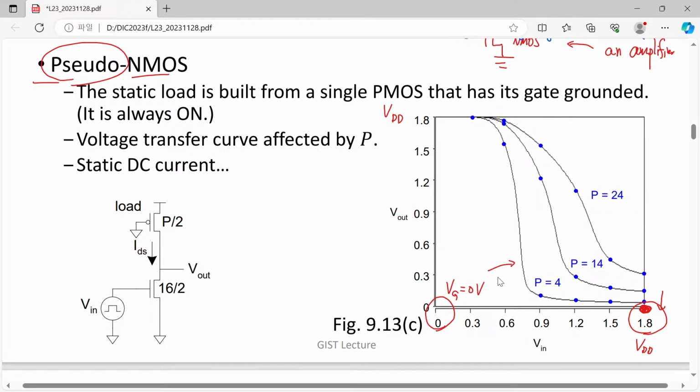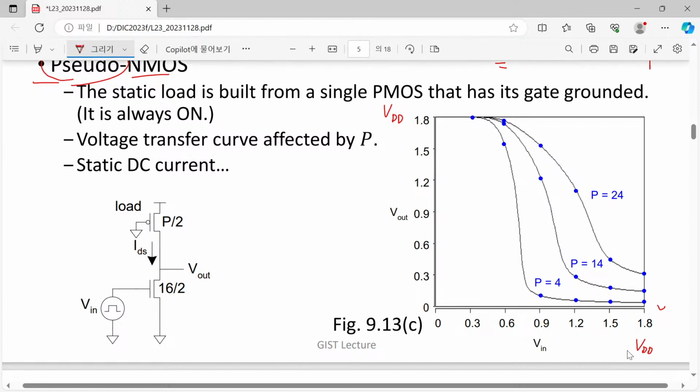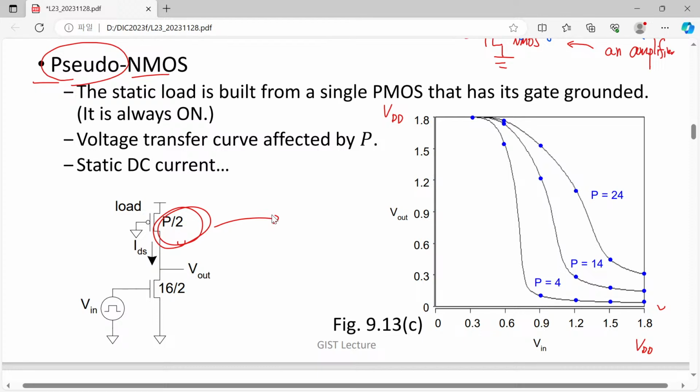Therefore, it is certain that we have to have a relatively weak PMOSFET. If we introduce too powerful a PMOSFET, it deviates from the conventional inverter voltage transfer curve. So we have to have a lower strength PMOSFET, and that is also good for power consumption. Okay.